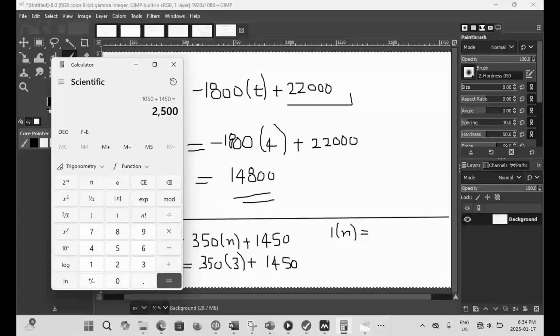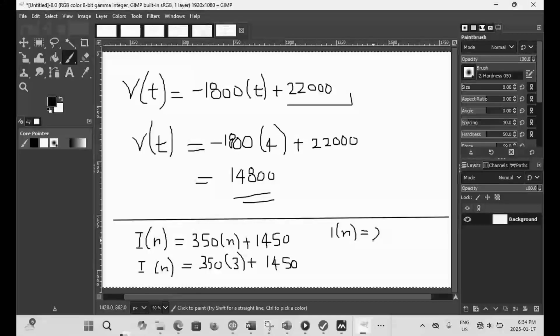So that will be $2,500. Again, this is the base salary, possibly for advertising, and this will be the commission. So if he sells 3 cars every month, he makes $2,500 every month.